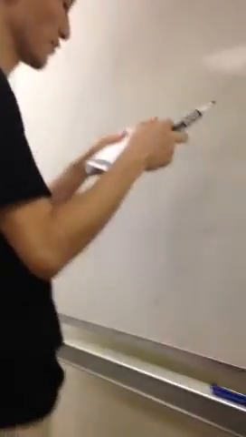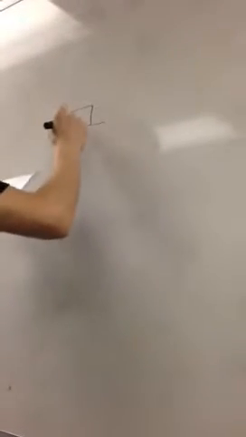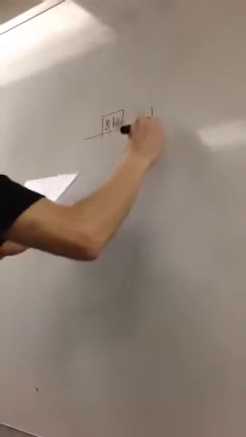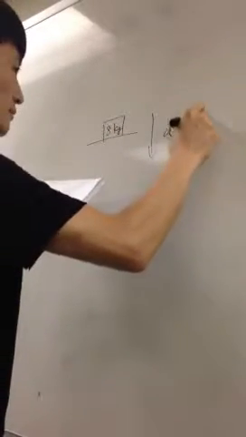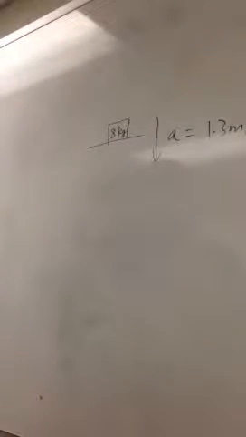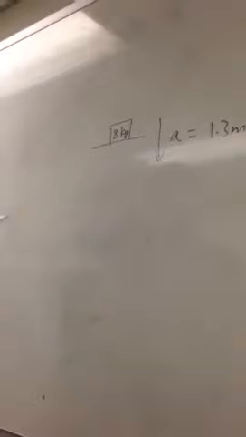Number 12, 8 kilogram object rests on the floor of an elevator, which is accelerating downward. So acceleration is 1.3. The question is asking you what's the magnitude of the force the object exerts on the floor.